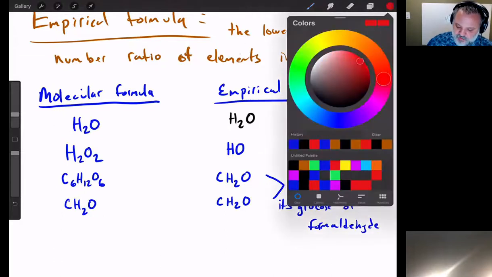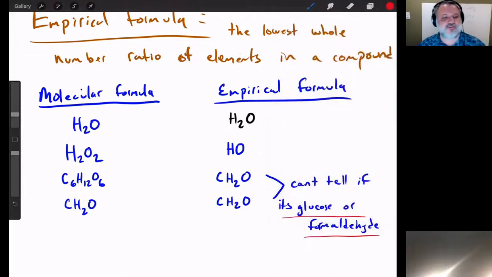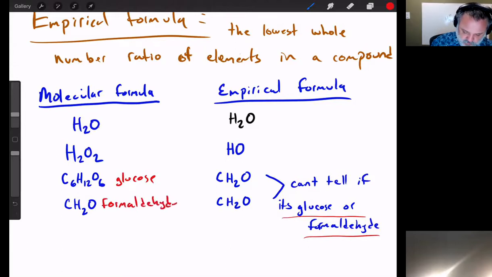The empirical formula prevents us from distinguishing one molecule from another molecule. Sometimes, right? We can certainly distinguish some things, but here's an example that we couldn't. We couldn't tell by empirical formula whether we're talking about glucose or formaldehyde. We can't tell. We need the molecular formula for this.